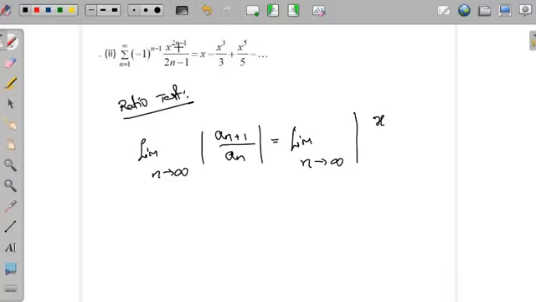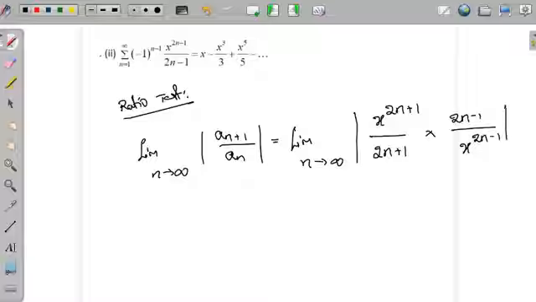If I plug in n plus 1, the power of x becomes 2n plus 2 minus 1, which is 2n plus 1. The denominator has 2n plus 1, times 2n minus 1 over x to the power of 2n minus 1.